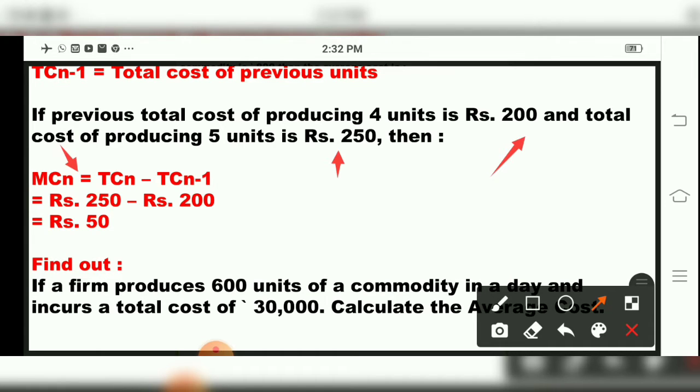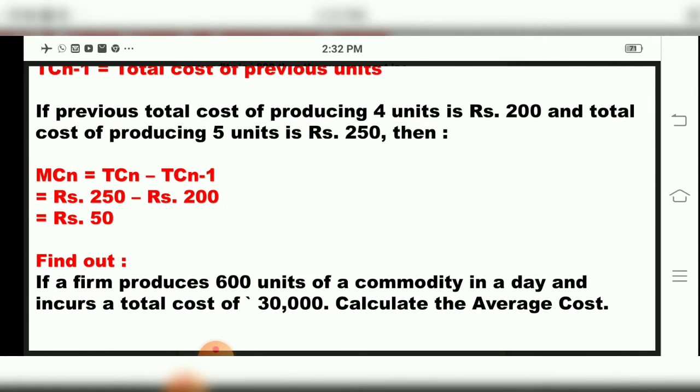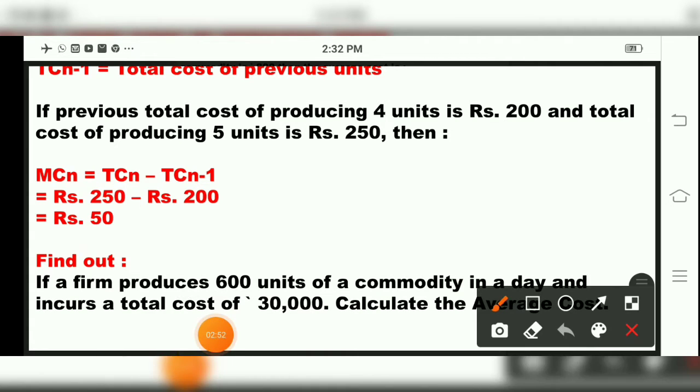Okay, and then what is TCn? We will see, TCn minus 1 is total cost of previous units, and TCn is equal to total cost of nth unit. Total cost of what? Nth unit, children.